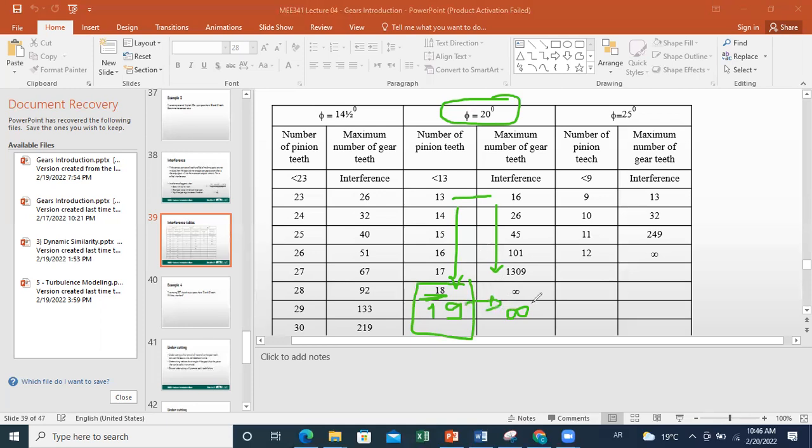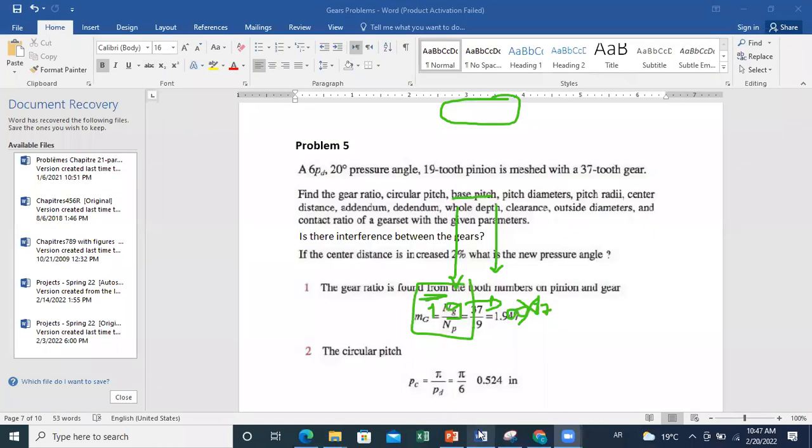Here, in this design, it's 37, but you can go up to infinity without interference. So whatever your selection criteria, you are on the safe side. There is no possibility of interference when the number of pinion teeth is higher than 18. So here you can say I am on the safe side, there is no interference.